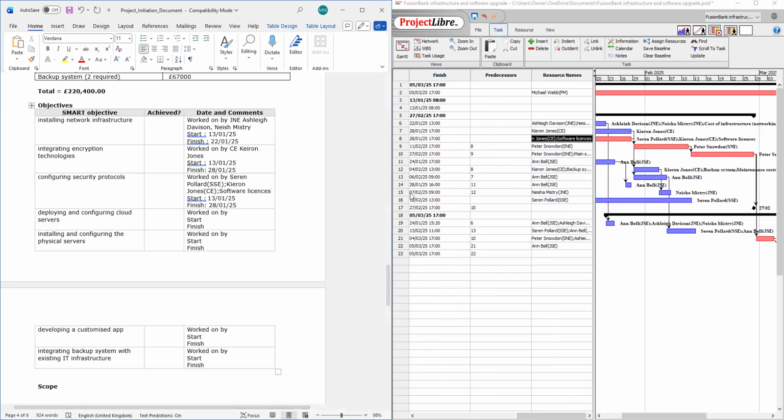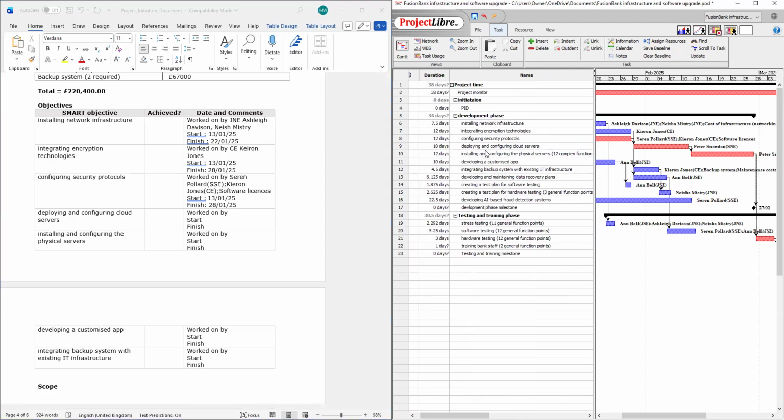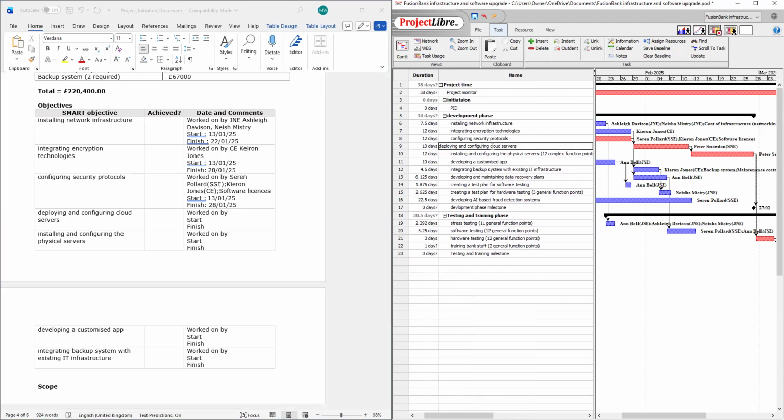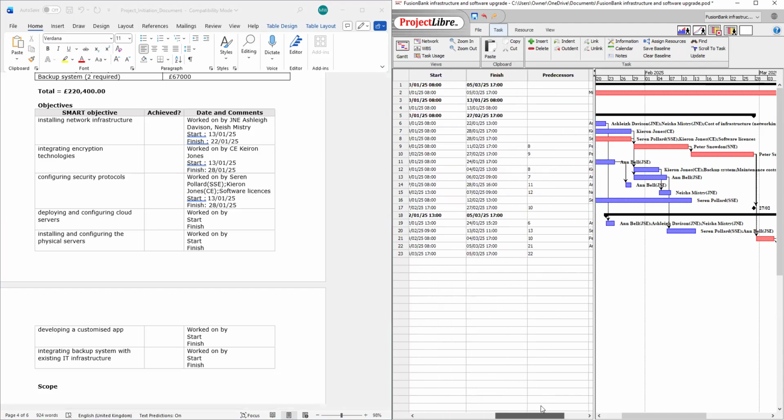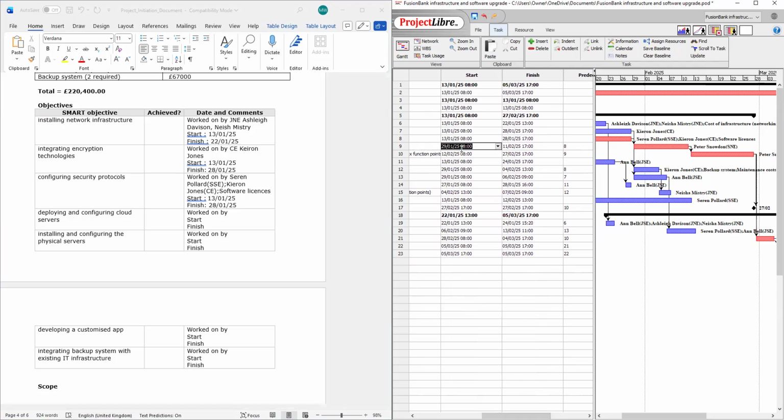Okay, so now deploying and configuring cloud servers. So we have a start date, which is here. Then we have the finish date, which is there.